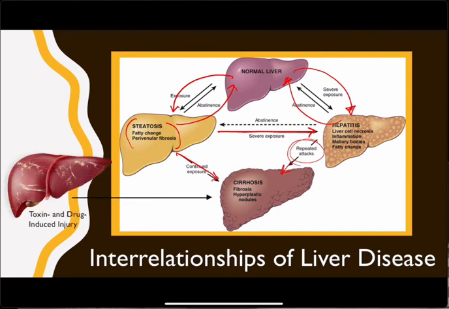We could add to this picture that toxin and drug-induced injury can also lead to cirrhosis. So cirrhosis is just going to be the fibrotic changes that happen after repeated bouts of injury. So you can see that kind of all diseases ultimately funnel down to this end stage liver disease.